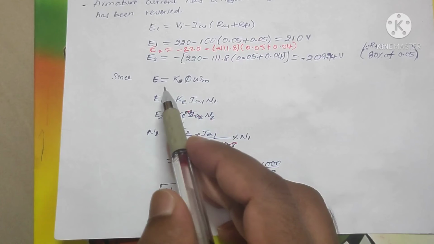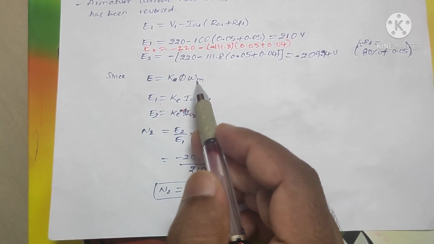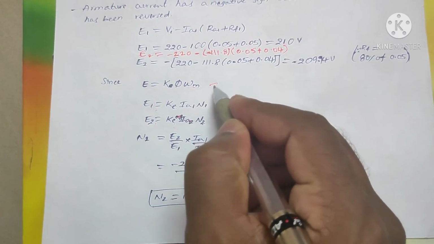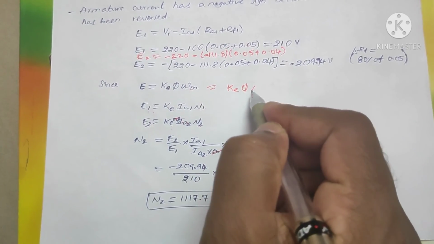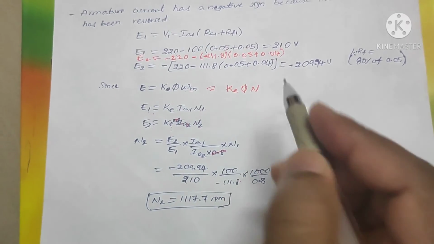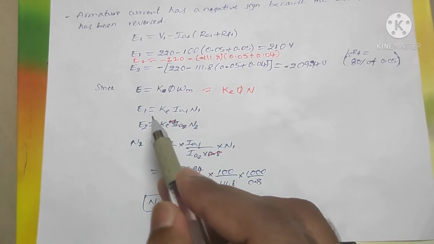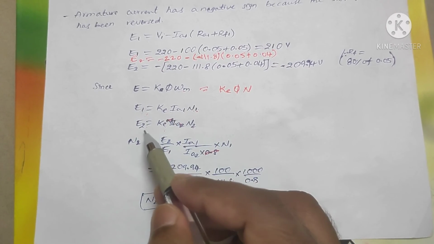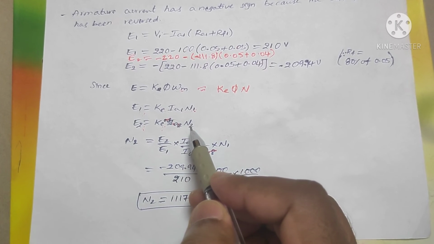To find out the new speed, E is equal to K phi omega m. By using this performance equation, the same equation can be rewritten as E is equal to Ke into phi into N, with N in RPM. So E1 is equal to Ke Ia1 N1. For E2, Ke, the new current is 0.8 Ia2 into N2.